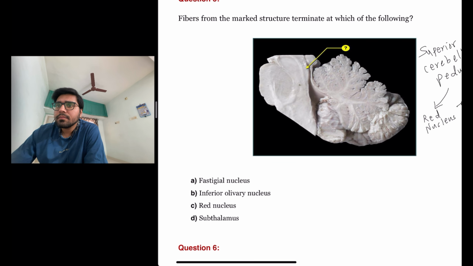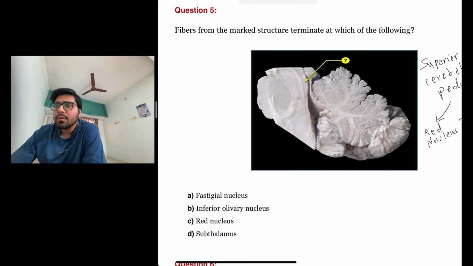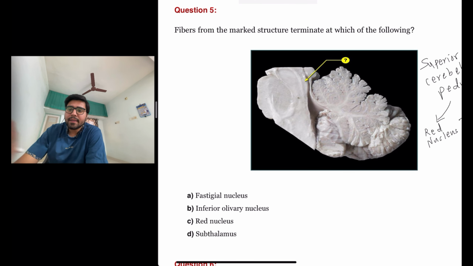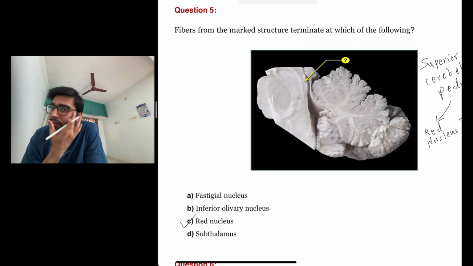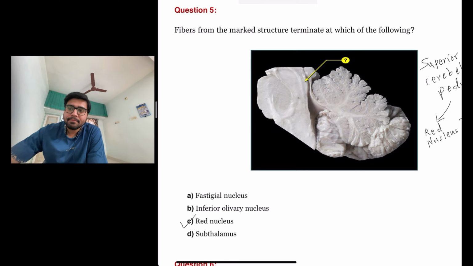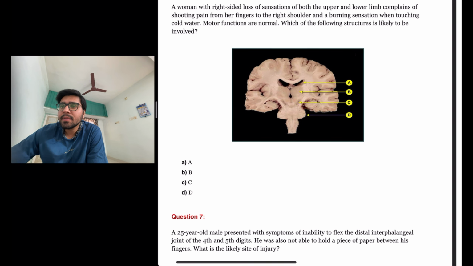So the fibers from this marked structure terminate at the red nucleus, because this is given in the option. The other two structures are the thalamus and the brainstem. Let us move on to the next question.